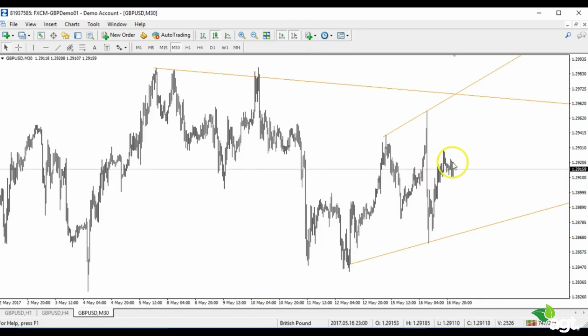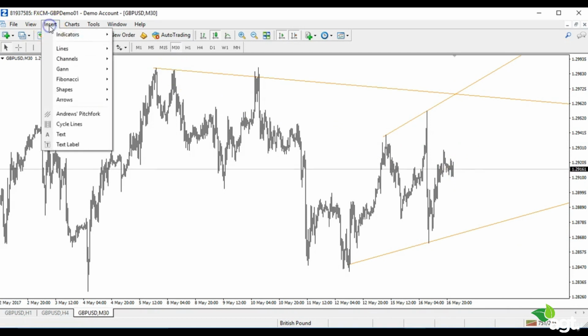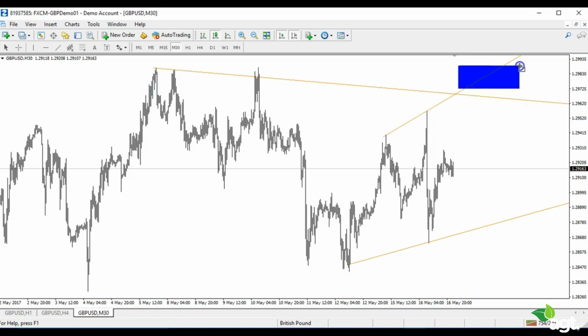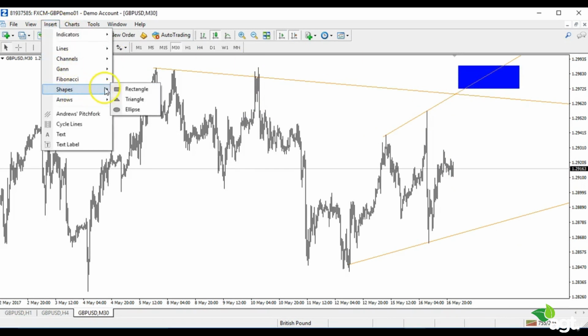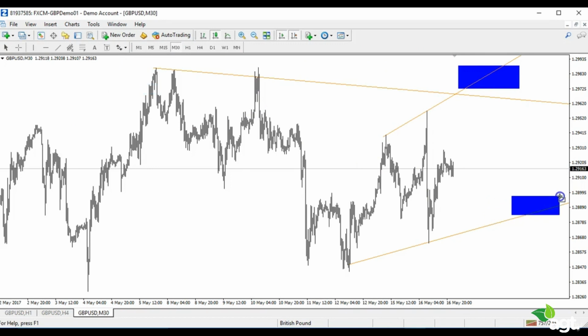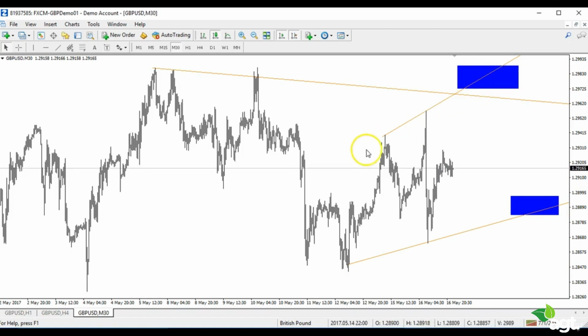So without knowing anything, if I look into the future, and I go onto shapes and put a little rectangle somewhere here, and another somewhere here, what this tells us is that if price hits somewhere there, it's going to be the third bounce off what we call a trend line. And if price hits here, it's going to be the third bounce off this lower trend line, because it looks as if price is forming another channel.